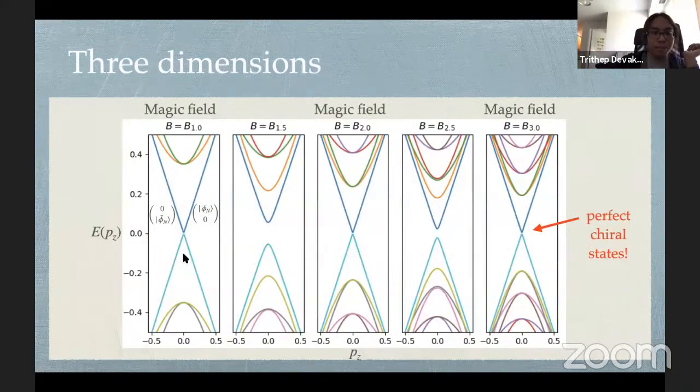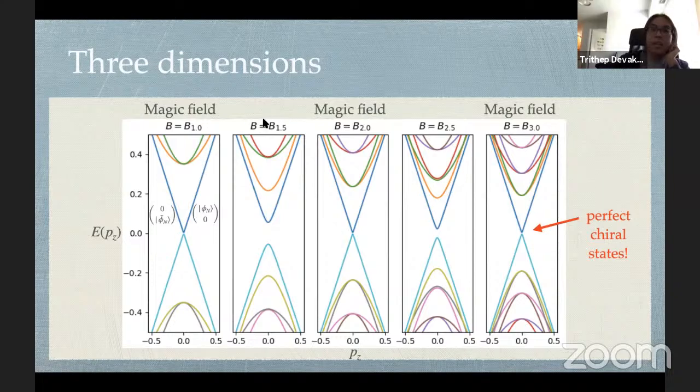If we look at the dispersion, the energy as a function of pz at various magic fields, this is what we find. We sit at magic field B1, the first magic field, and we have two exact chiral states. This one is the zero energy state that we solved, this is the other one, and they each disperse along one direction only.